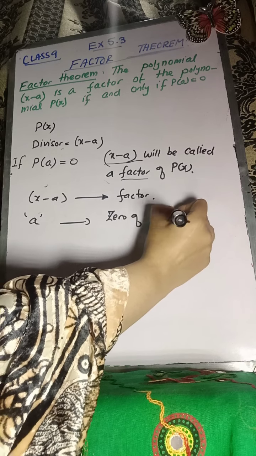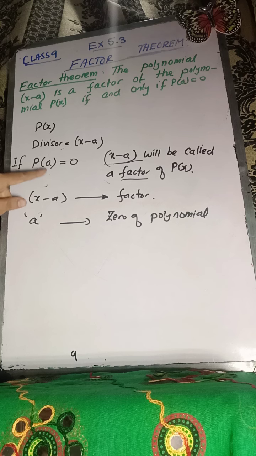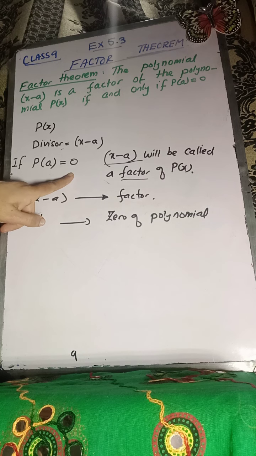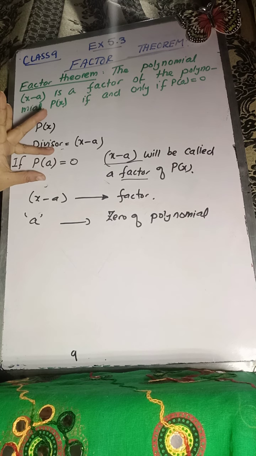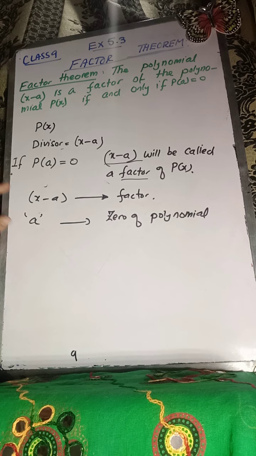It means that the 0 of the polynomial is any number at which the value of the polynomial is equal to 0. So if p of a is equal to 0, x minus a is called the factor and a will be called the 0 of the polynomial. These are the main points that we have to remember. Now let's start the exercise.